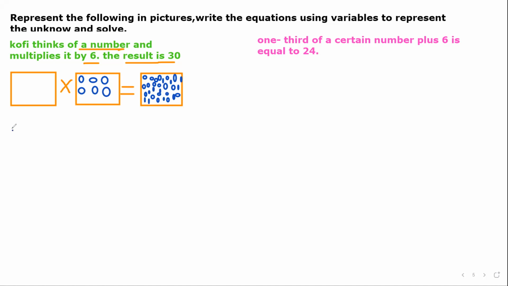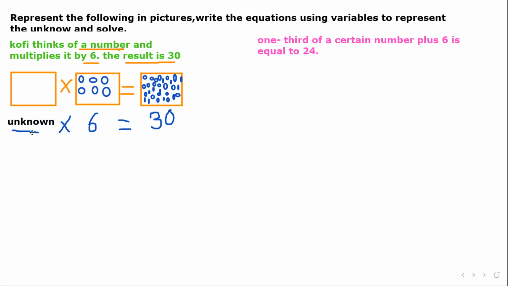So here times 6 here is equal to 30. Okay, good. So this side is unknown. We don't know. So a number that Kofi was thinking of, we don't know. So we write unknown here to represent the empty box.